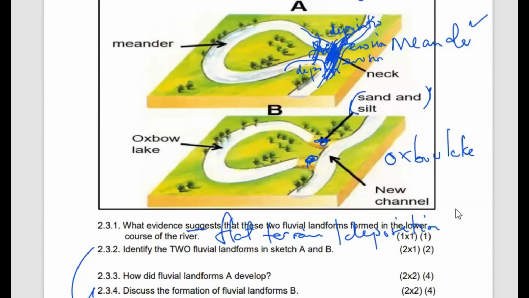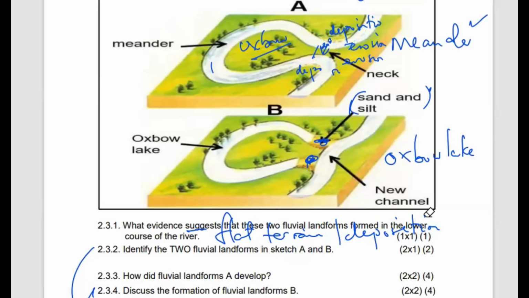Because of this, there is deposition that is going to happen here, ultimately blocking the Oxbow Lake from the supply of water from the main river. Now the river takes a straighter course, while this remains as a lake on its own, independent from the river.